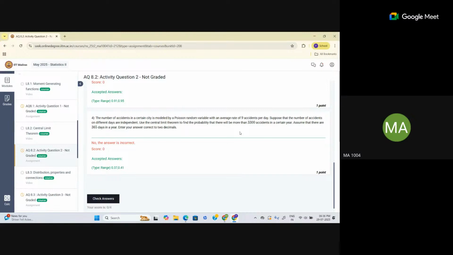The main idea is that you have to find the mean and the variance, which you can easily calculate because for a Poisson random variable, mean and variance are both lambda. This 9 is given per day, but we need it per year. So the expectation will be 9 into 365, and the variance will also be the same.